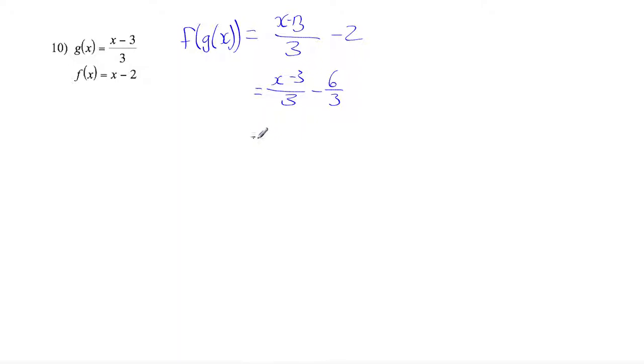So this is going to equal x minus 6 minus 3 is minus 9 over 3. Yeah, again, this can't be reduced. So that's it. So no, that's not an inverse function.